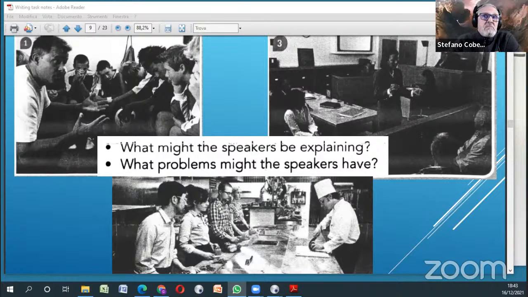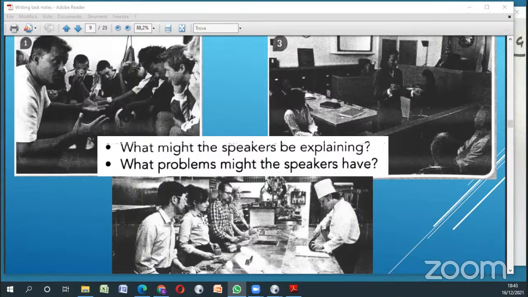First of all, it's a courtroom scene, so most likely this person is a lawyer or the prosecutor, and these people are a jury. Because this looks like an American court, there's an American flag here. So this person is explaining to a jury, a group of people. What might she be explaining?